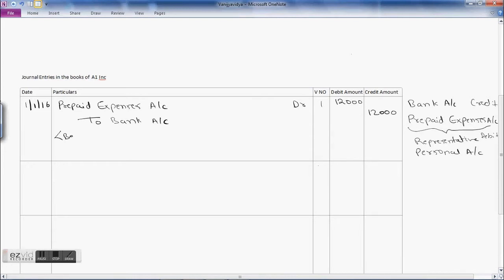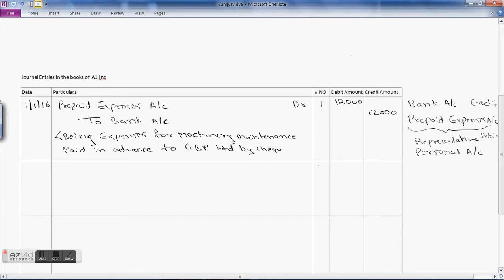Okay, being expenses for machinery maintenance paid in advance to GBP Limited by check number.